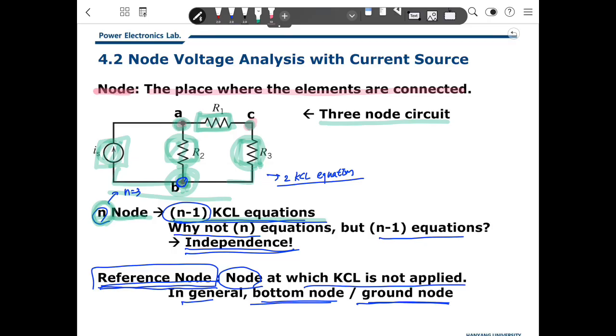Based on those n minus 1 nodes, we can make KCL equations from each node. So we get n minus 1 equations.